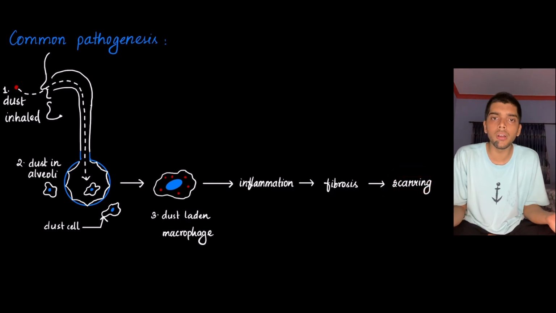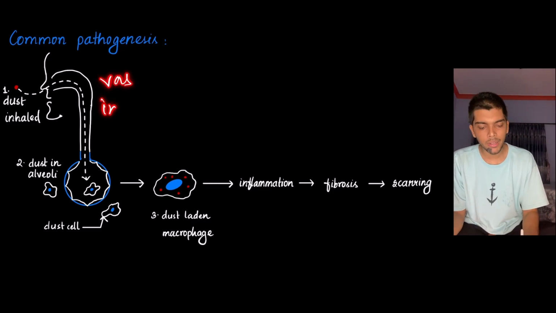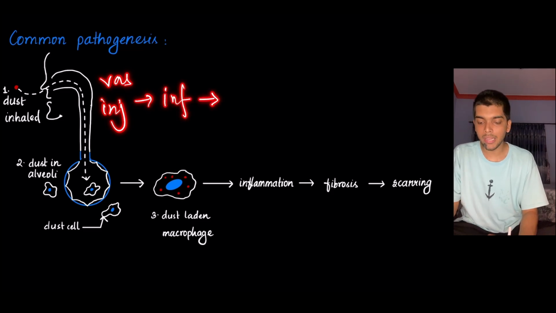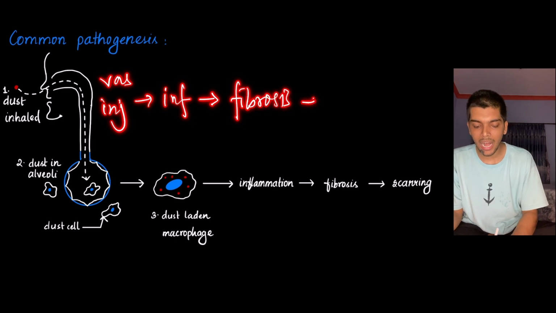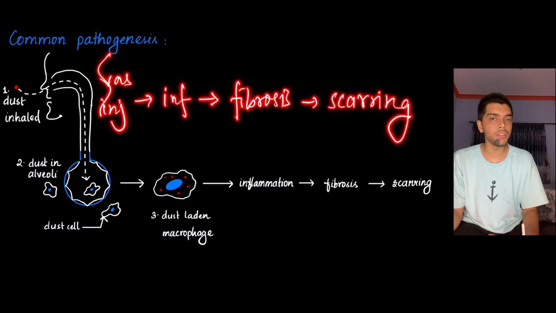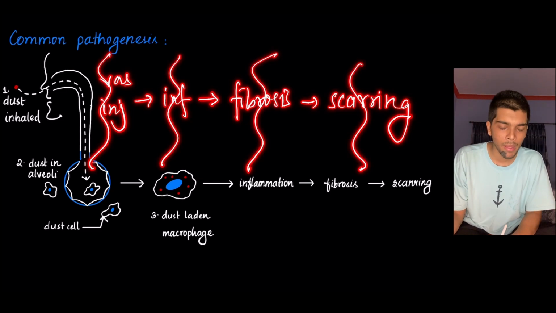This is the mool mantra of general pathology. I hope you know this much. Vascular injury is followed by inflammation, inflammation is followed by healing by fibrosis, and then fibrosis leads to scar formation or scarring, right? You know about these from general pathology.